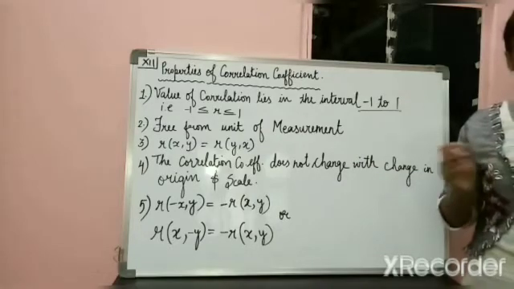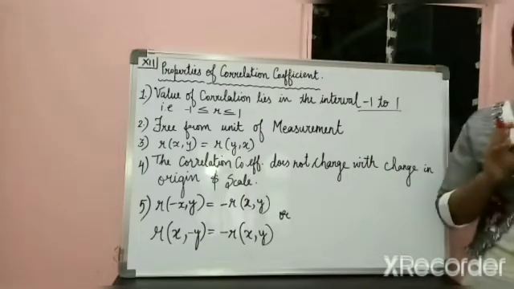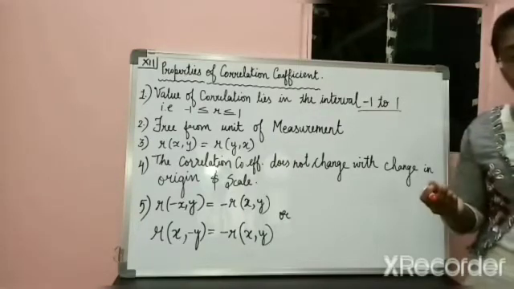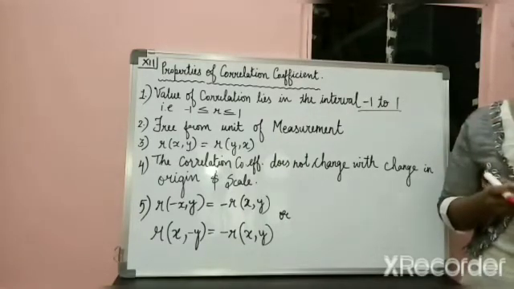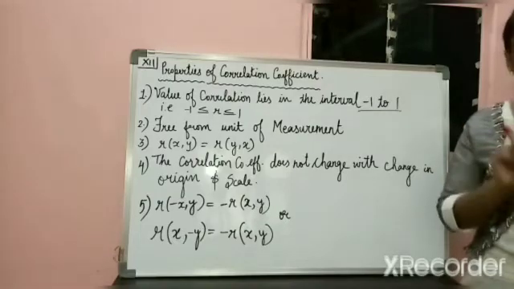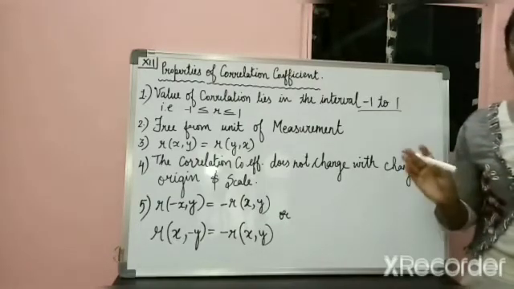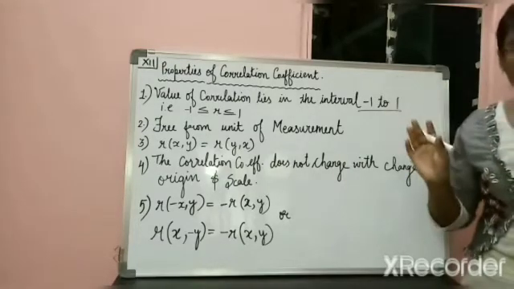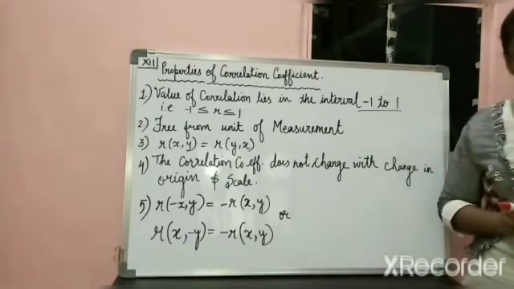It says free from unit of measurement. Now what do you understand by this? Whatever the unit your variables possess, the correlation coefficient does not carry any of that unit.